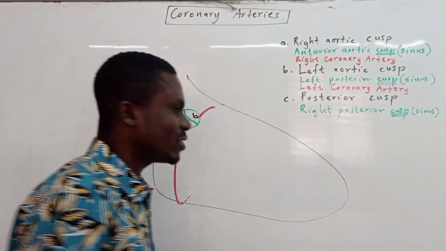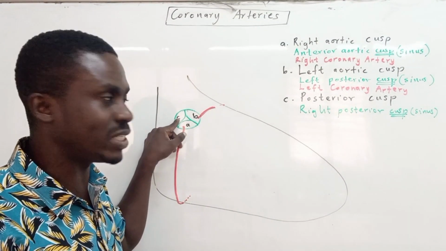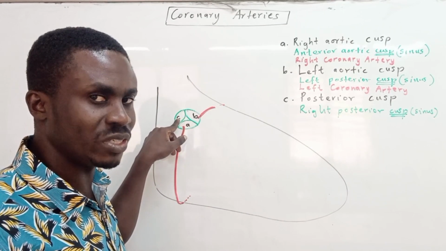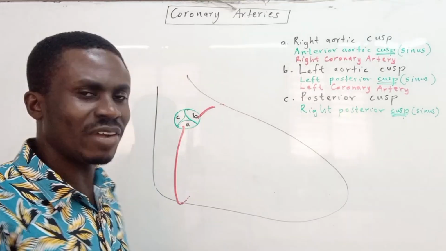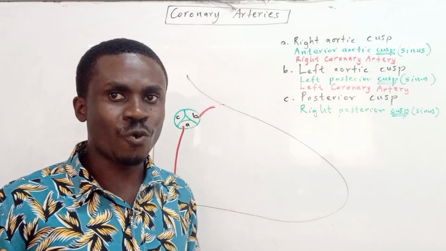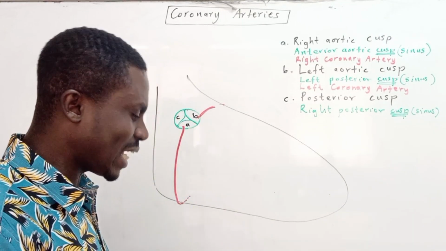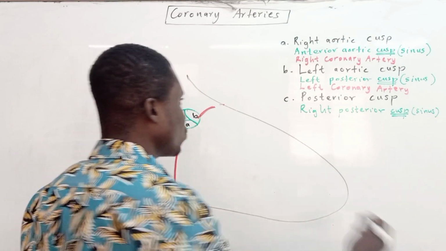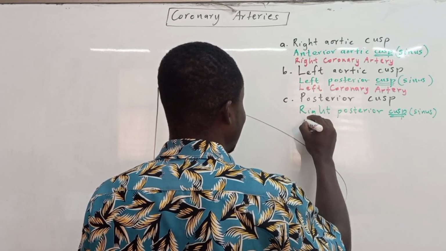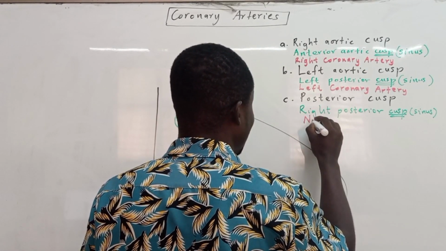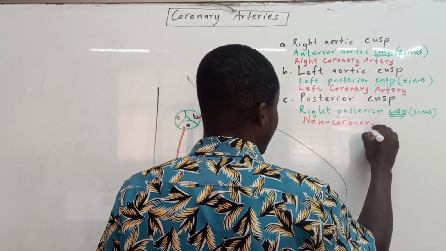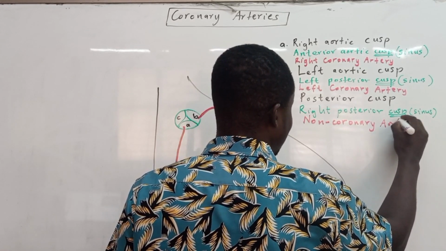Now, my friends, in the case of the sinus captured at point C, which I call the right posterior aortic sinus, this one we don't have. Remember I told you that I have only 2 coronary arteries. So this one doesn't allow any coronary artery to pass through this area, and that is why it may also be called the non-coronary aortic sinus.